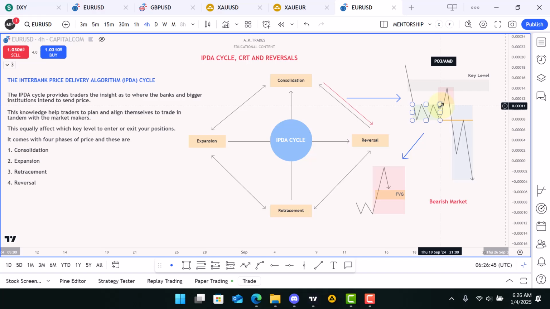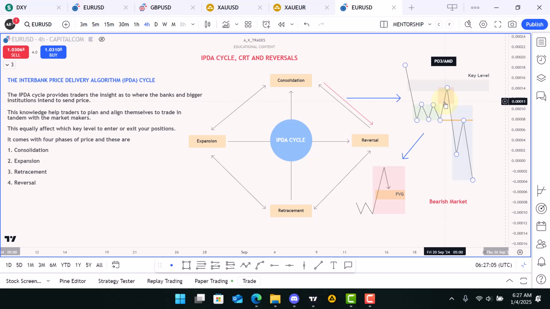Price seemed to be reversing to the opposite direction. But normally, when price does this, it is only to trick inexperienced traders to trade the opposite side of the market.